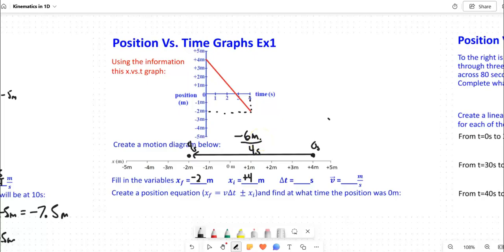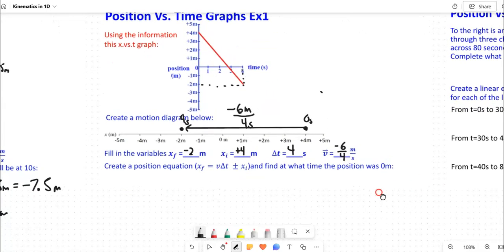That would reduce down to negative 3 meters over 2 seconds, or negative 0.667 meters for every 1 second, if you want to figure out what the instantaneous slope is for each second. So this is 4 seconds. This is going to be negative 6 divided by 4. Cool. All right, now for this question.